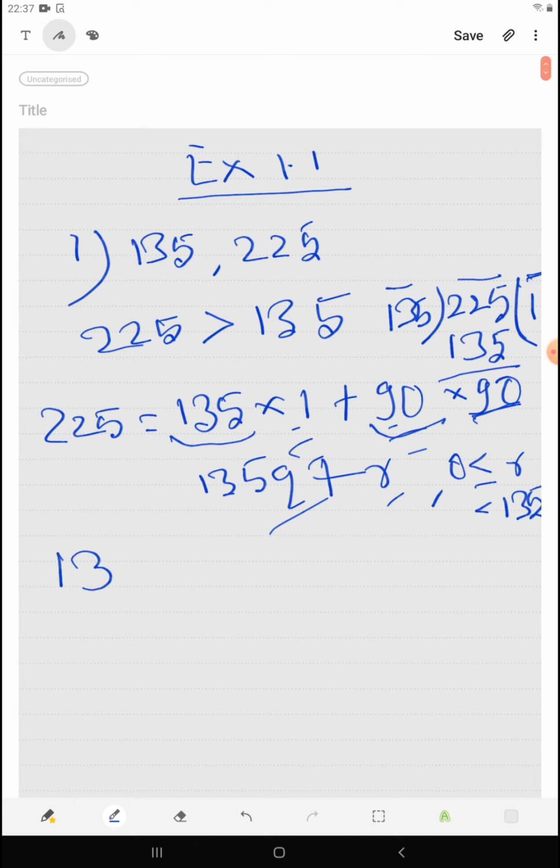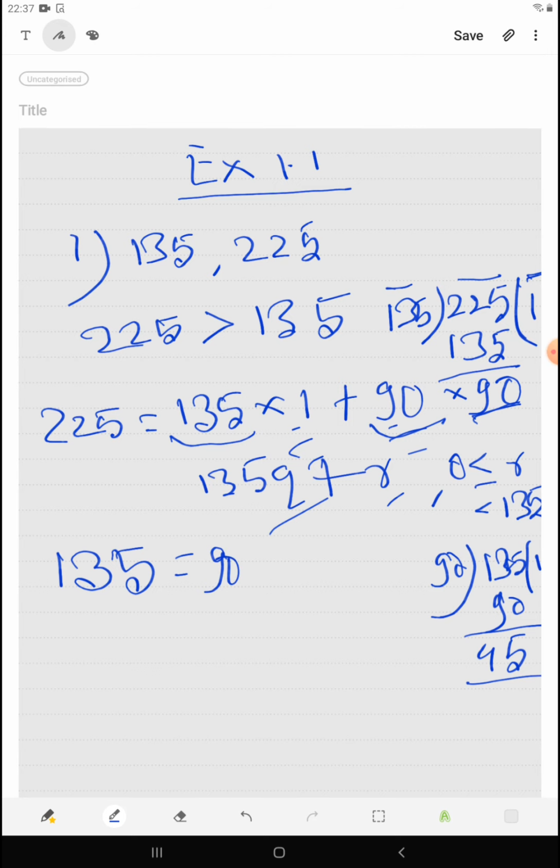So 135, now I have to write it in the form of 90 as per division algorithm or division lemma. So 135 is divided by 90. So 1 time 90, we get 45. So 135 can be represented as 90 into 1 plus 45.